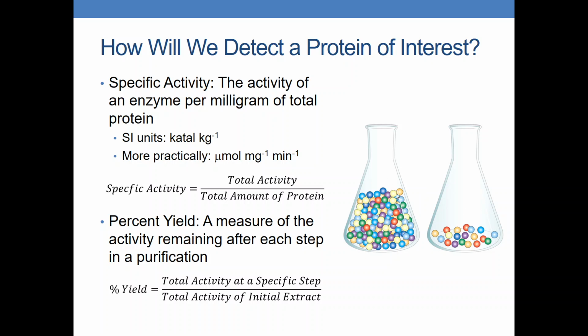So we can measure the total activity, quantify that, and that gives us this term here. And separately, we can use known methods to quantify how much protein is present. So there, we have a specific activity for our crude lysate mixture.